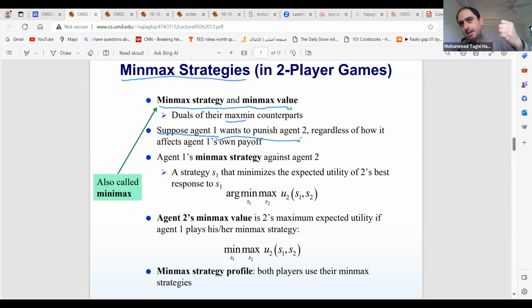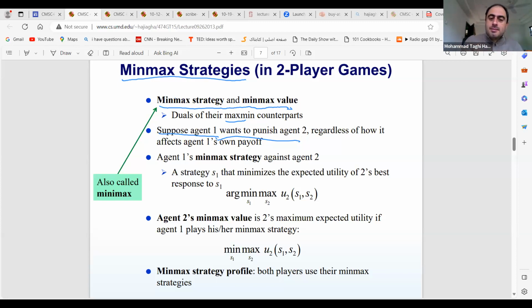So you just want to make the scenario worse for the other person. You can consider terrorist activity, where a player, independent of what will happen to itself, just wants to make the situation worse for the other. As I mentioned, in two-player zero-sum games, these two concepts would be the same, and we will discuss that.